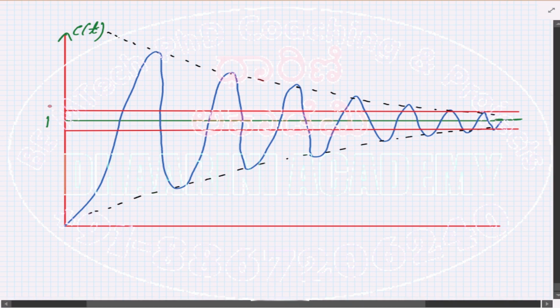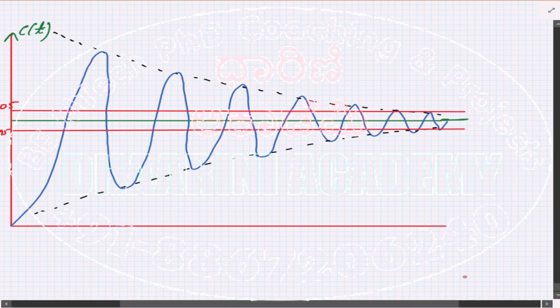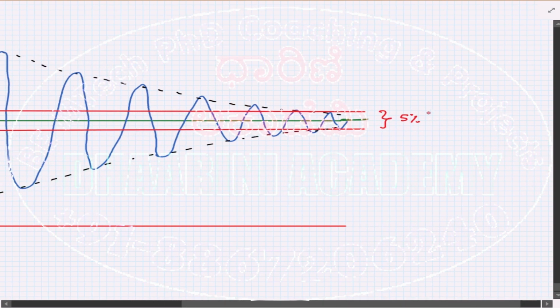The tolerance could be something like 2%, 5%, etc. If it is say 5% tolerance, maybe this becomes 1.05 and the lower one becomes 0.95. So 5% tolerance is what we call this. This tolerance also becomes one very important aspect of design of the system.